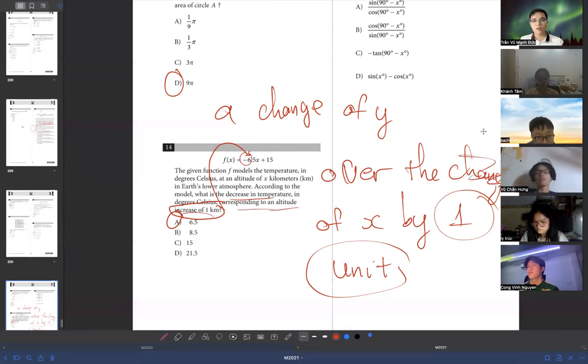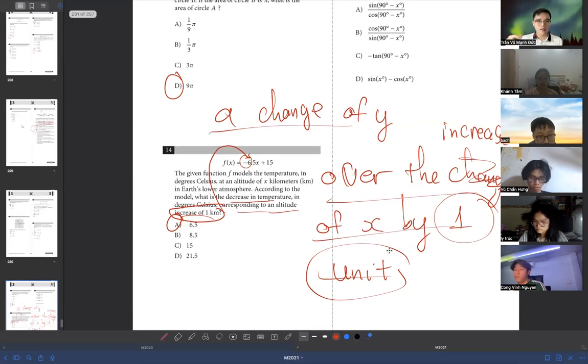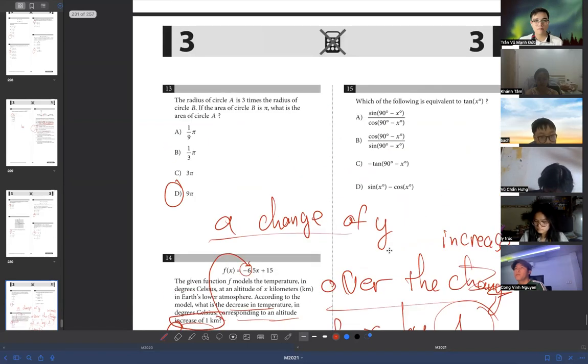So if the slope is negative, it is a decrease of y over the increase of x by 1 unit, and if it is positive, it is an increase of y over the increase of x by 1 unit.